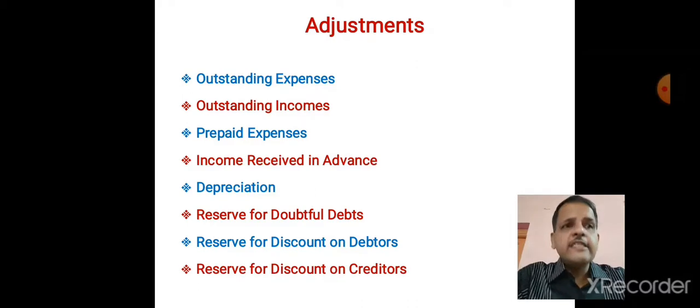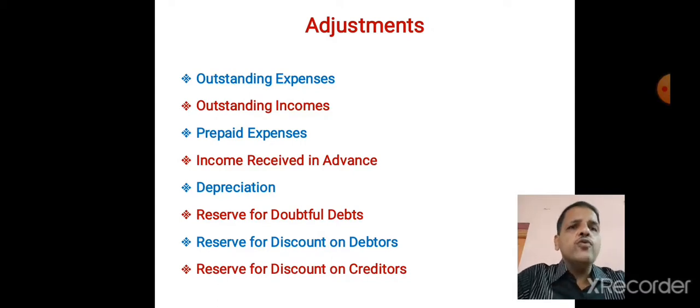In the other case, if old reserve is more than the total of new reserve and discount, then the difference should be deducted on the credit side of the profit and loss account, and we have to deduct from sundry debtors on the asset side whatever our new reserve percentage is given.